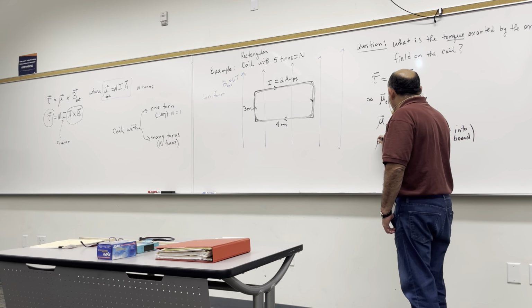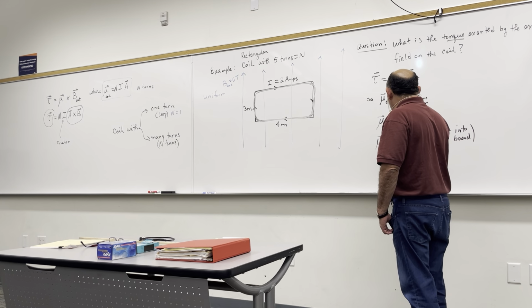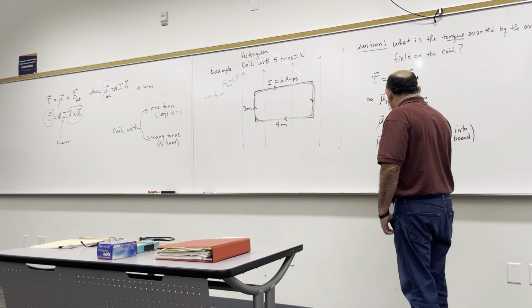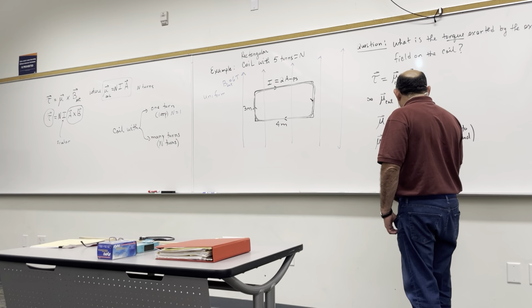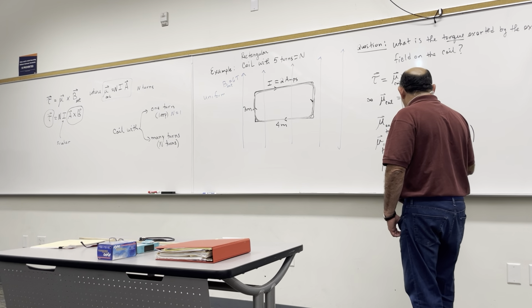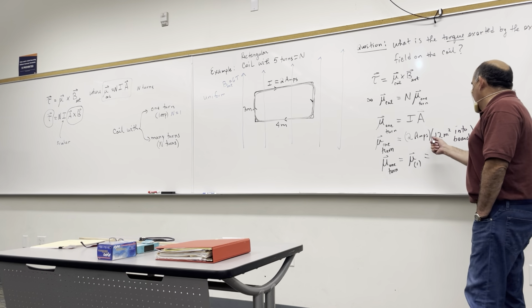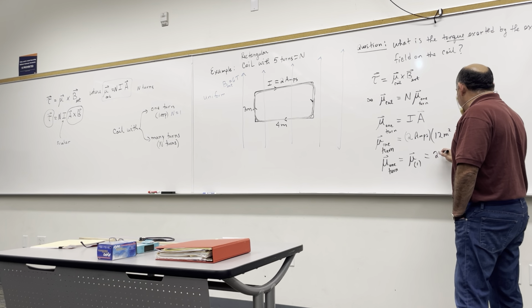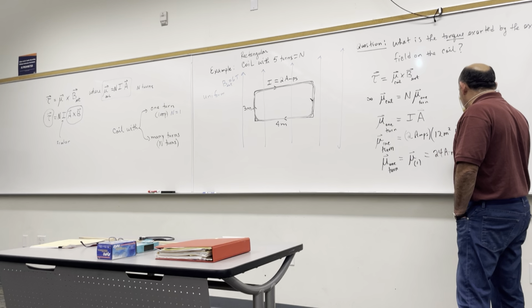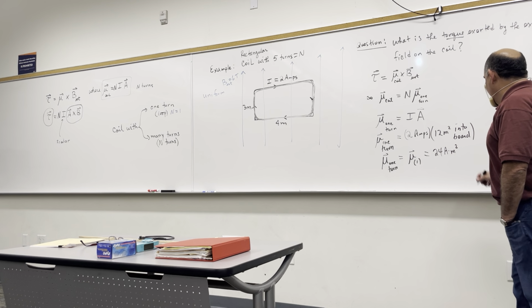So the magnetic dipole moment of just one turn is 2 times 12, which is 24 amps times meter squared, into the board.